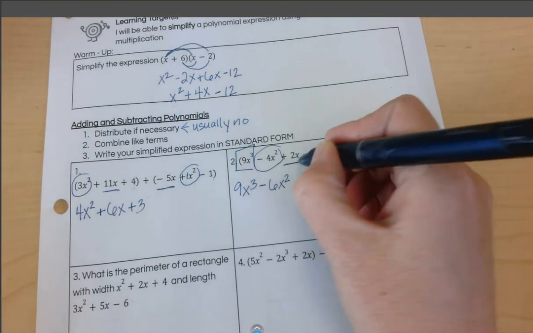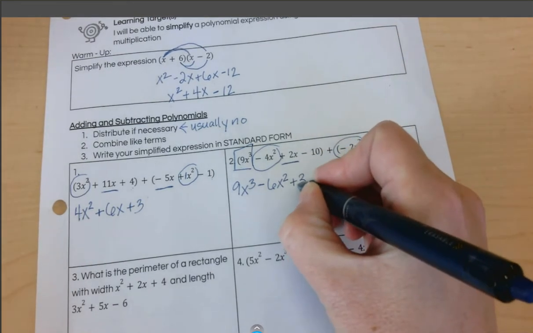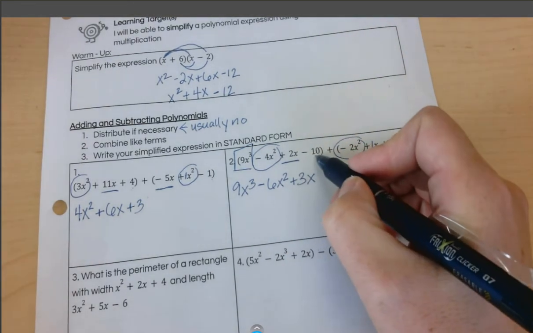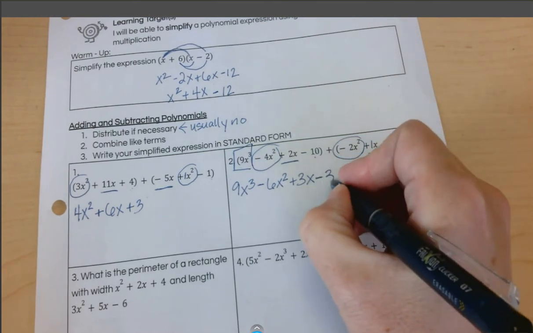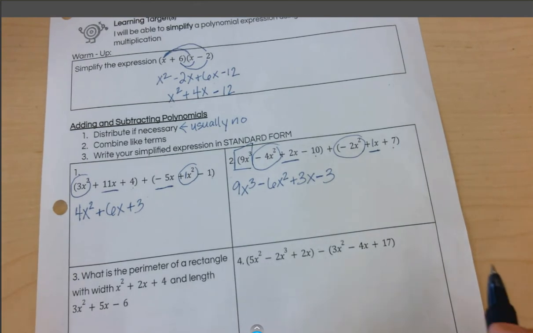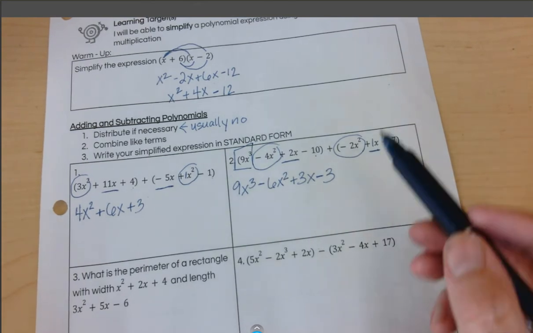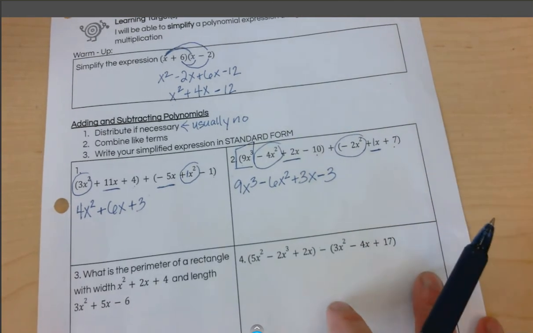And I'll combine my +2x and my +1x. And then finally the constant terms, -10 plus 7. If you're having any trouble with the adding and subtracting, feel free to use Desmos. Just remember you can only put the coefficients in Desmos, you can't put the x in there.